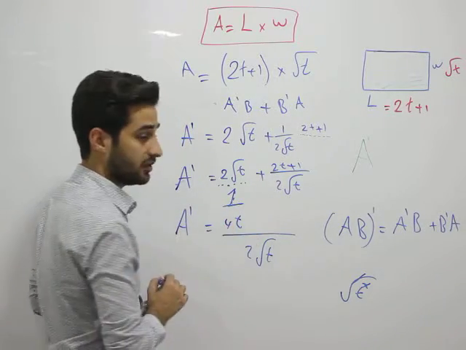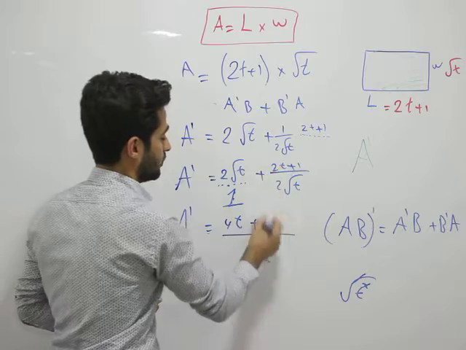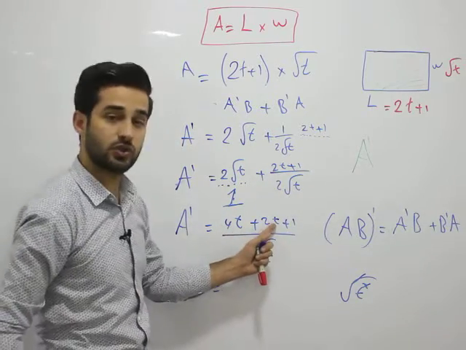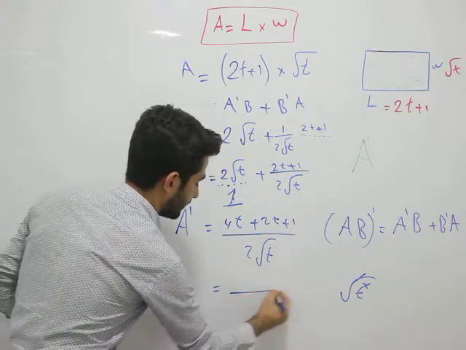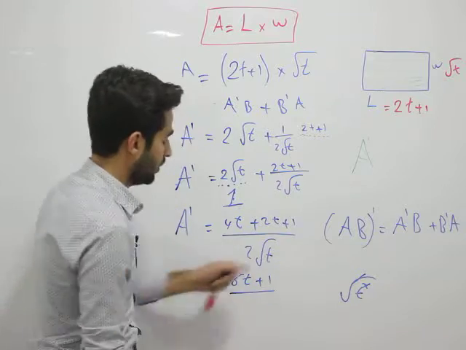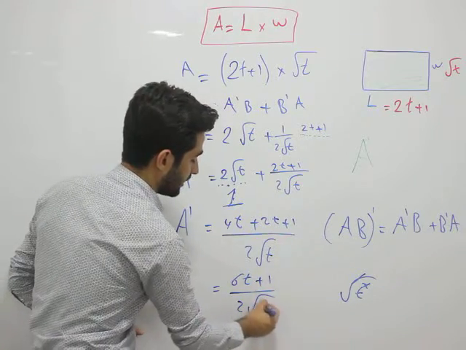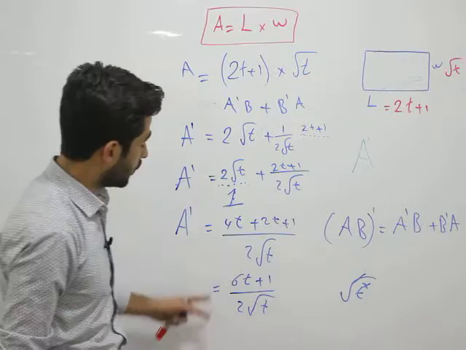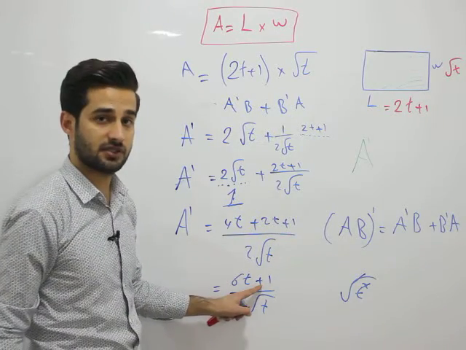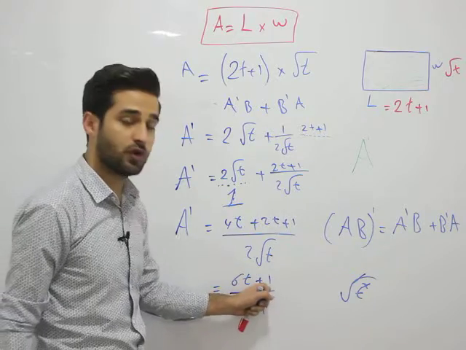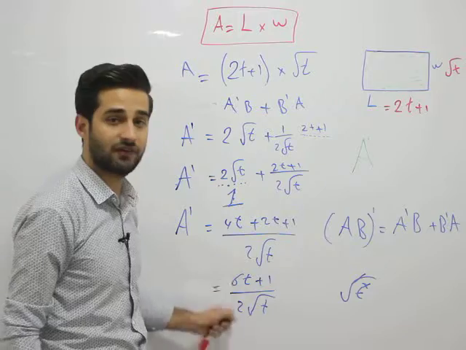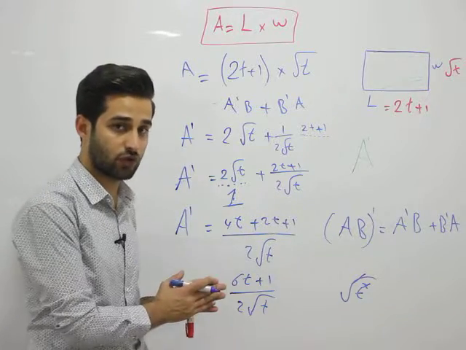So t remains, plus 2t plus 1. Now 4t plus 2t, it will be 6t plus 1 over 2 square root of t. Don't forget this, guys. You can't simplify here because we have this plus. If we have addition or subtraction, we can only simplify the coefficients in front.